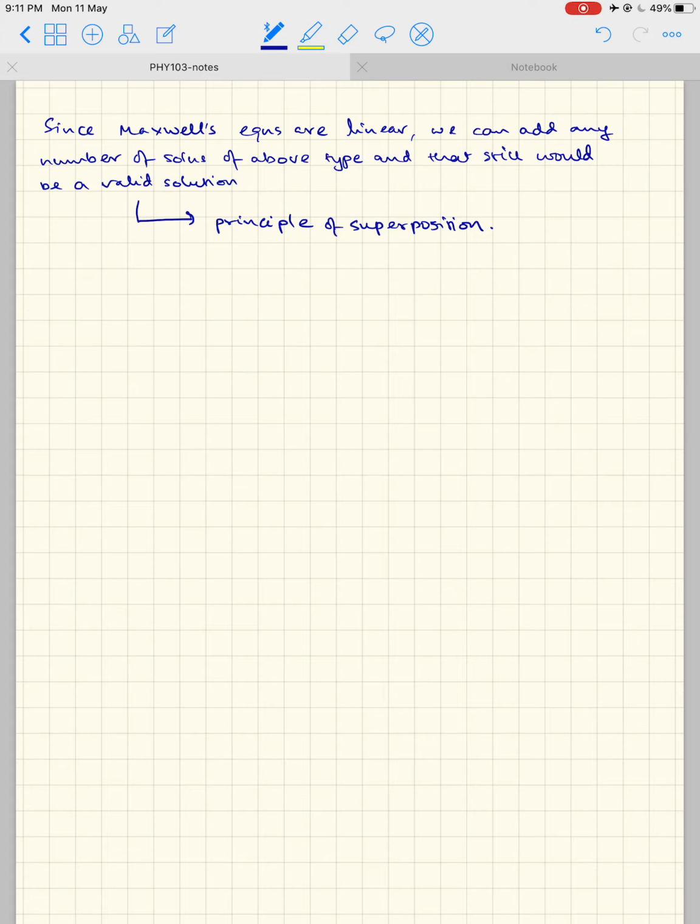So we'll write E as the thing that we just did, E y vector, exponential i kx minus omega t, and we will do the same for B, and we'll just make sure that we write u z cap e to the i kx minus omega t. So this is the solution that we had before.